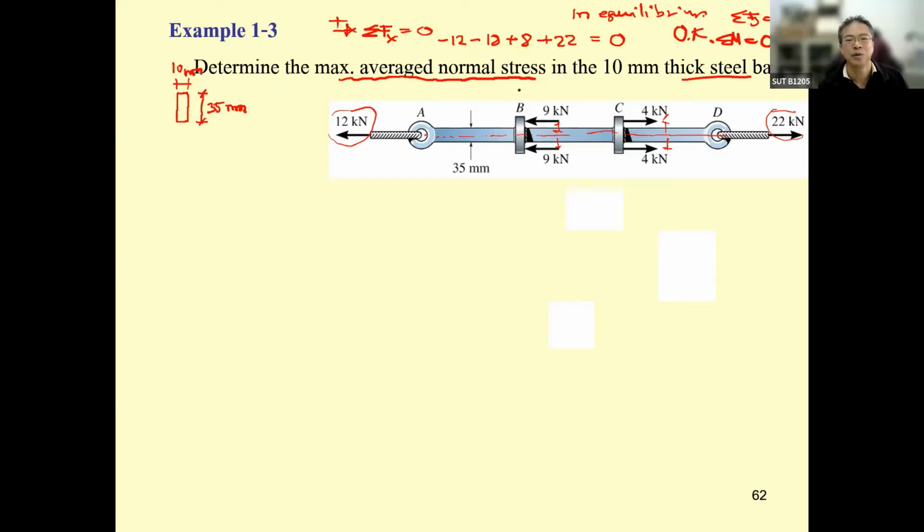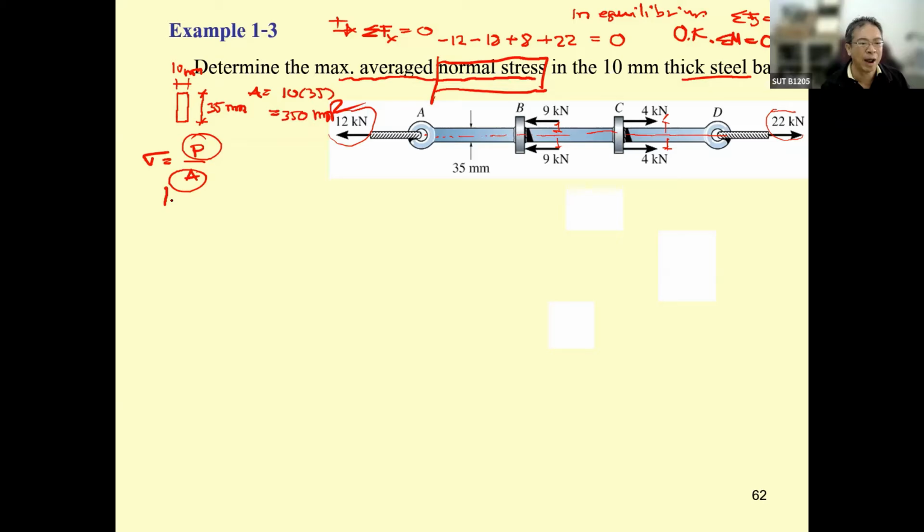Then, if you'd like to determine the normal stress, okay, from the equation you're going to determine the internal force P. Okay, now you know only A. The A is going to be 10 times 35. That is going to be 350 millimeter square. So this one is already known.